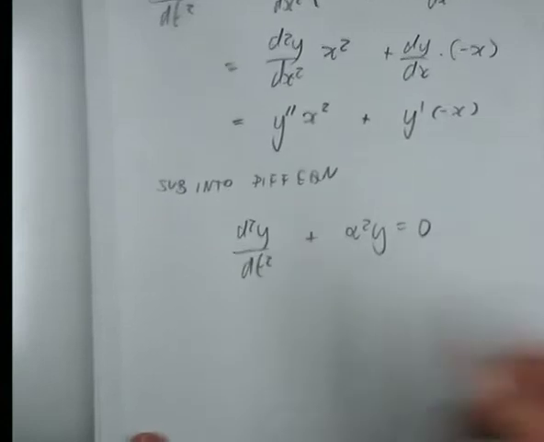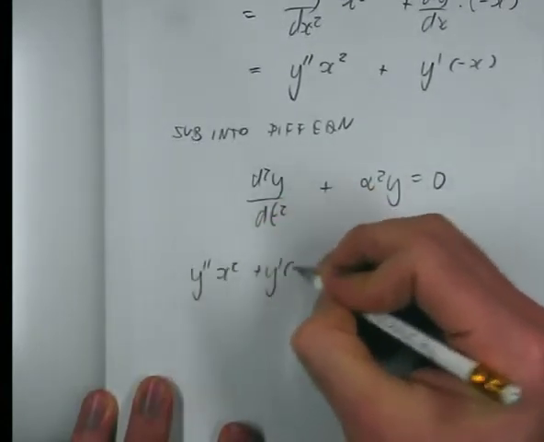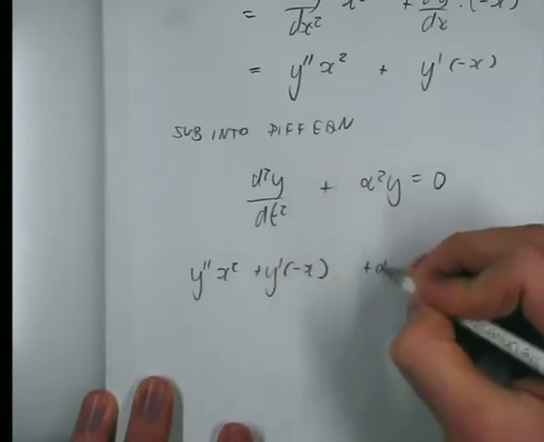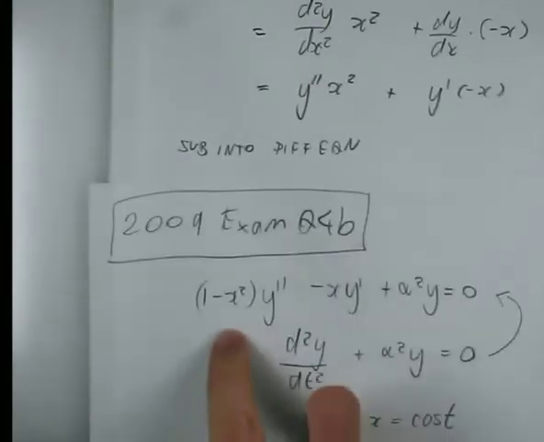And I'm supposed to sub this into there. So I've got y double dashed x squared plus y dashed minus x plus alpha squared y equals 0. I've lost a 1. This is really close, but have I done something wrong somewhere? Can someone see where it is? Because this is supposed to be 1 minus x squared here.